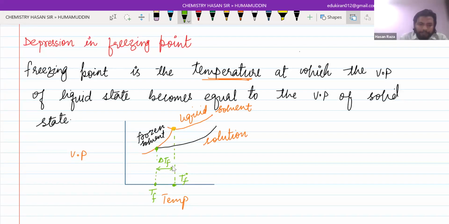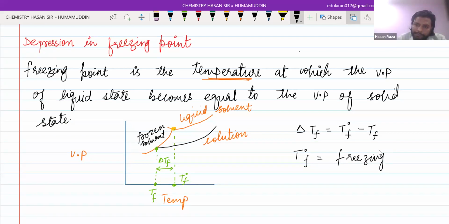Now, the same thing will be repeated. In elevation in boiling point, it was the boiling point of the solution minus boiling point of pure solvent. But in freezing point, we take freezing point of pure solvent minus freezing point of solution.